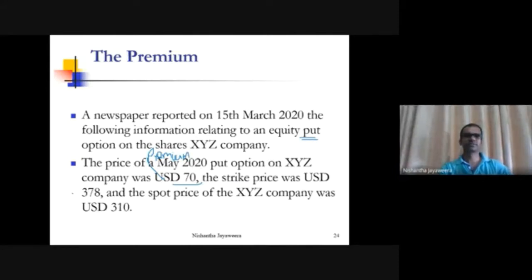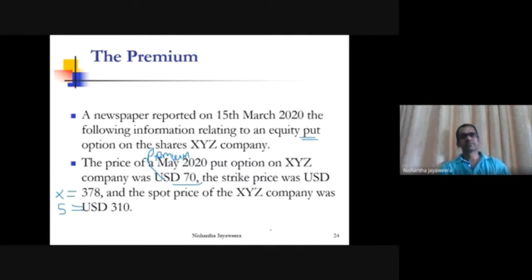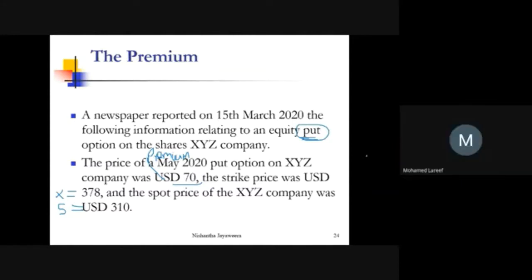Strike, spot. Is it in the money, at the money, or out of the money? This is a put option, remember. So that is in the money, sir.